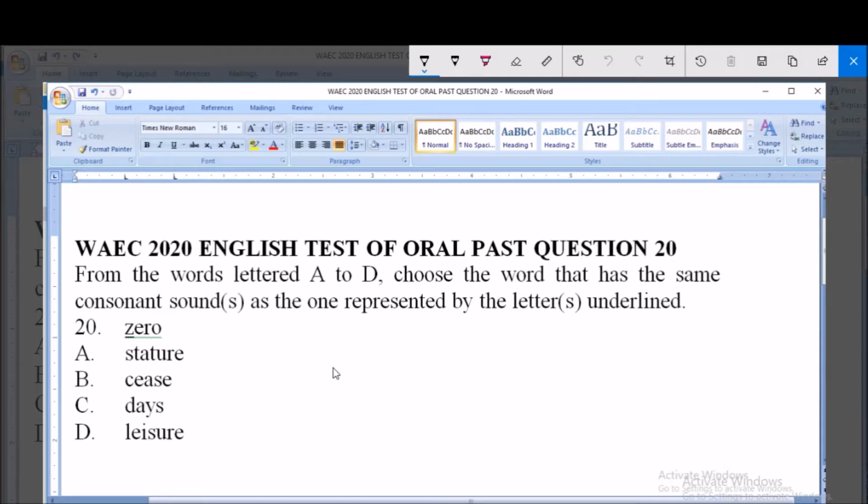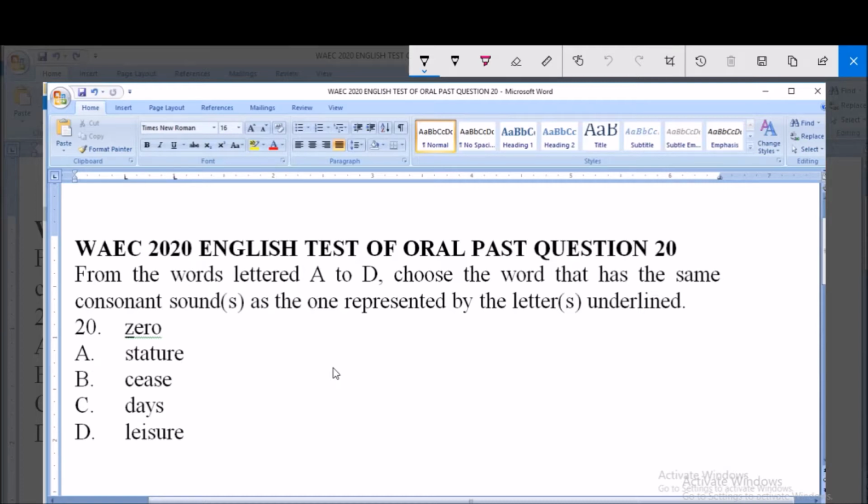2020 English Test of Oral Past Questions. Question number 20. I am using the same instruction. We said that we should look out for the option that contains the same consonant sound as in the given word, particularly the underlined letter.